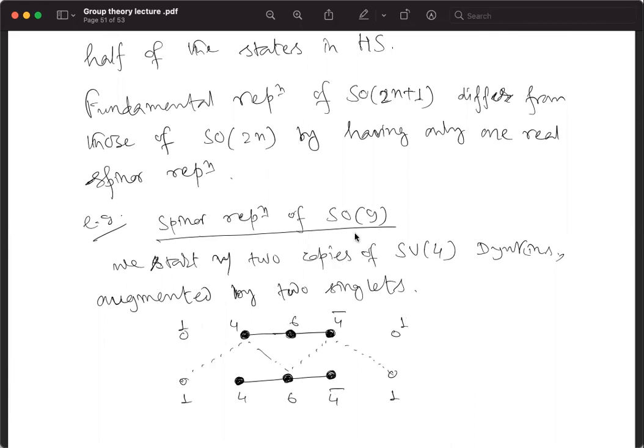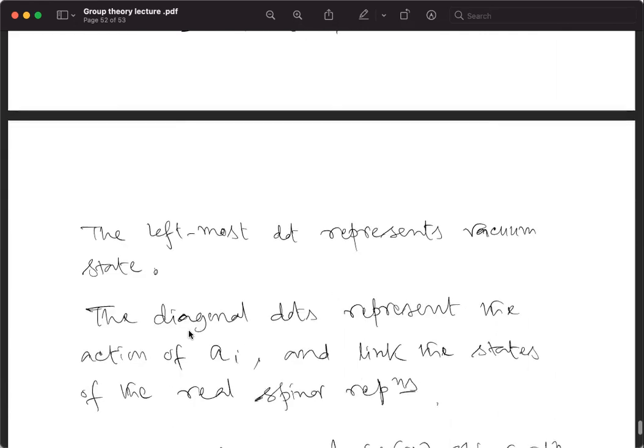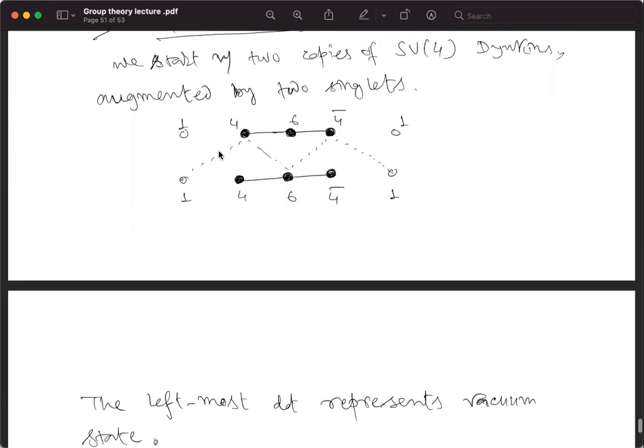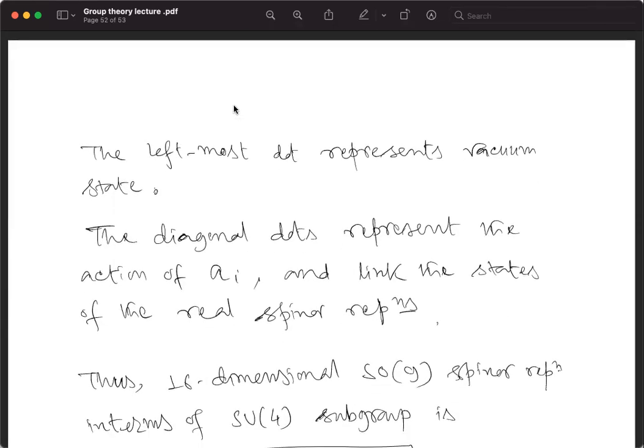Because this is an odd dimension, you start from here, and then you can see the crisscross pattern here, and that's why the leftmost represents the vacuum state, and the diagonal dots represent the action of the A_i. Now they link the states of the real spinor representations.